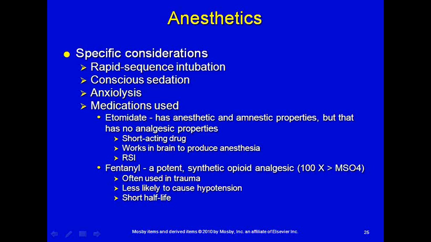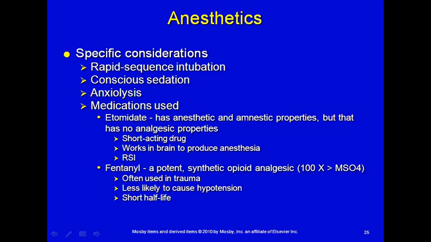If we've got a patient that we're going to synchronized cardiovert, we would want to sedate them, and typically we're using things like Versed or Valium as a sedative, and then some sort of analgesia like morphine or fentanyl. Anxiolysis is relieving somebody's anxiety, and we typically are going to use our benzodiazepines for that.